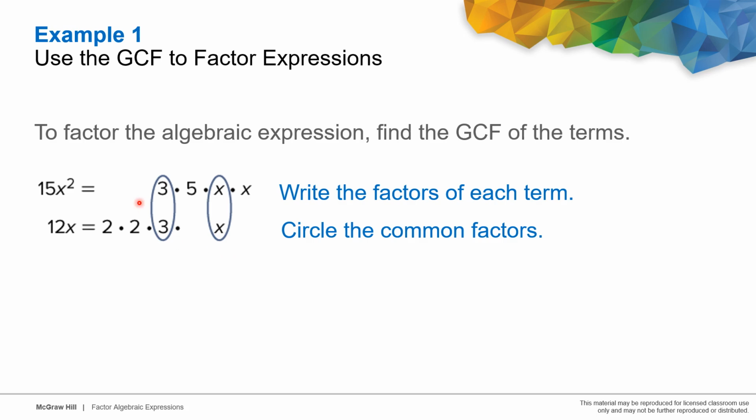Here they circled 3 and x because that is the greatest common factor, 3x. That is the largest number that both terms have in common. And same thing for x. You can only take one x out of both terms because that is all they share. 12x doesn't have a second x to take out, so you have to leave it in the first term.